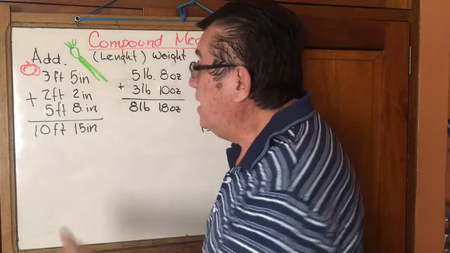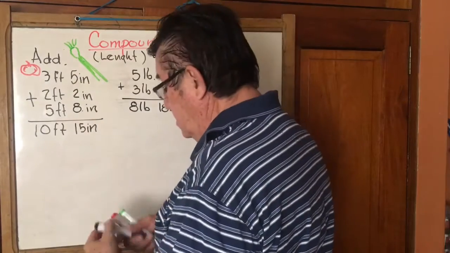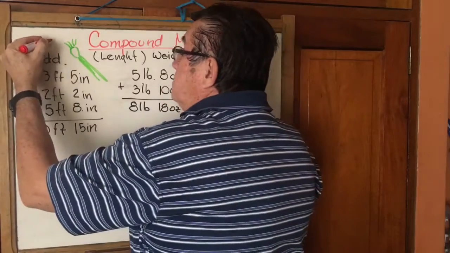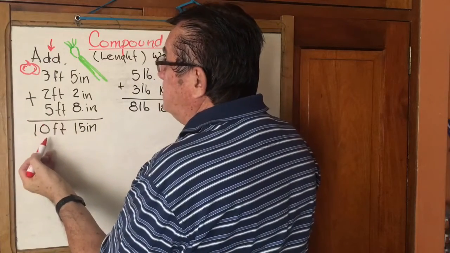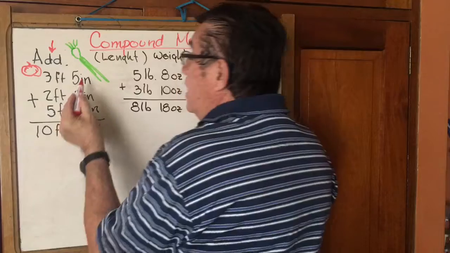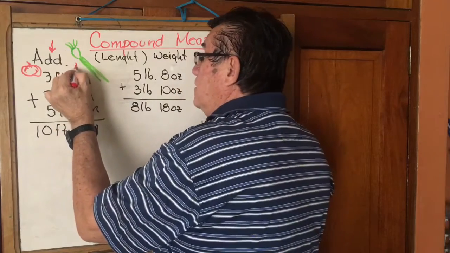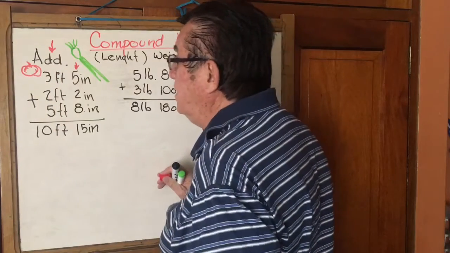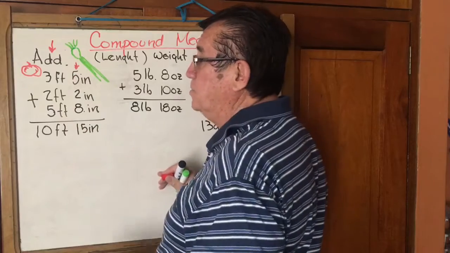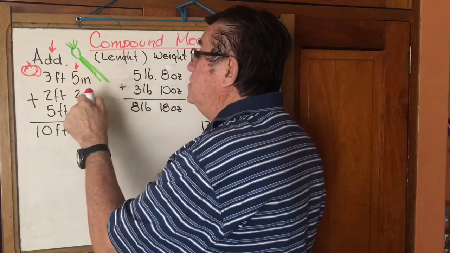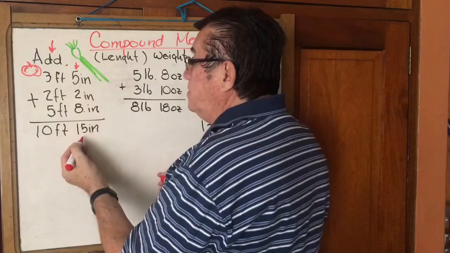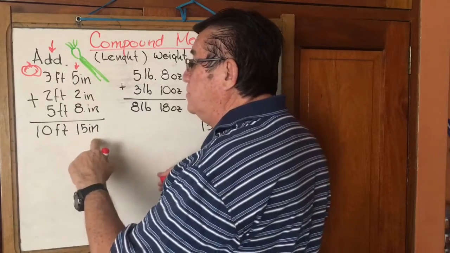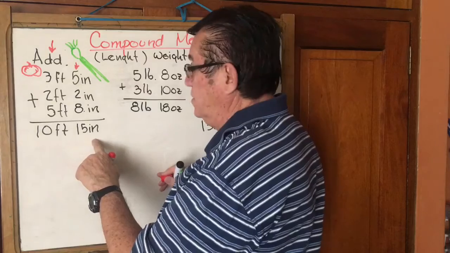So if I have to add, I add the feet first, and 3 plus 2 plus 5 are 10 feet. Then I go to measure and add the smaller measurements, like 5 inches, 2 inches, 18 inches. And I found that the total is 15 inches, but I have to have just one result.